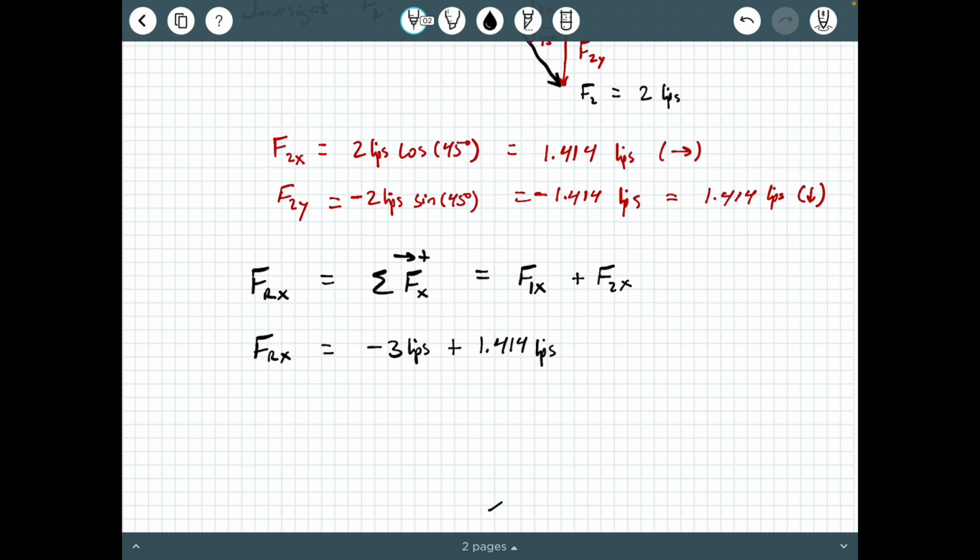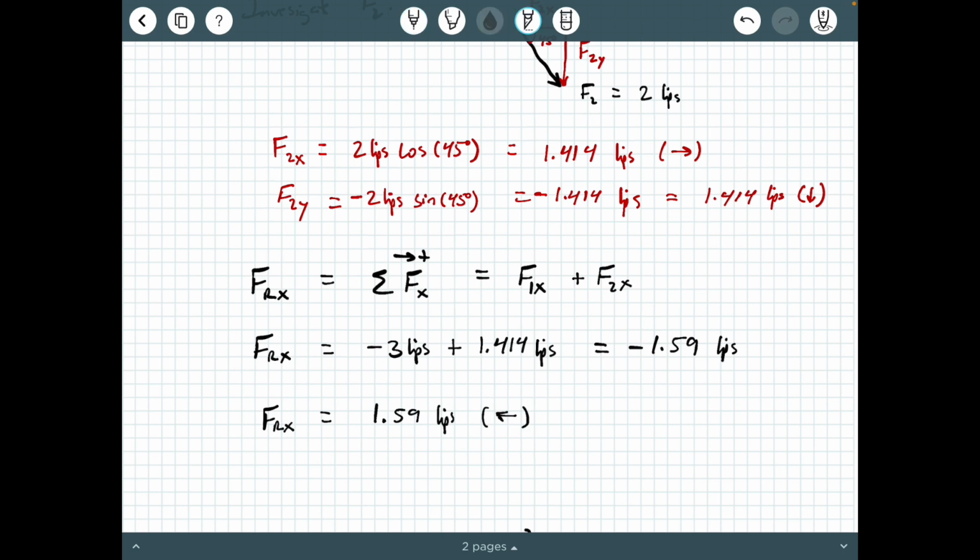Well, we should end up getting a negative 1.59 kips. And what does this negative indicate or tell us about our resultant x component? Well, it tells us that it should be pointing to the left. So we're going to say it's 1.59 kips pointing to the left.